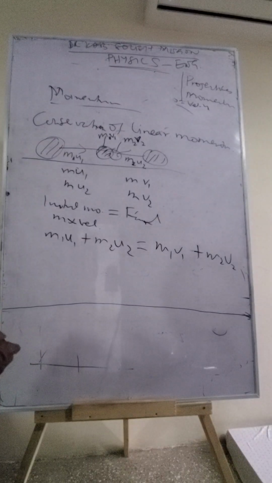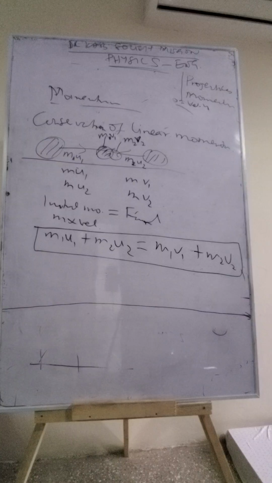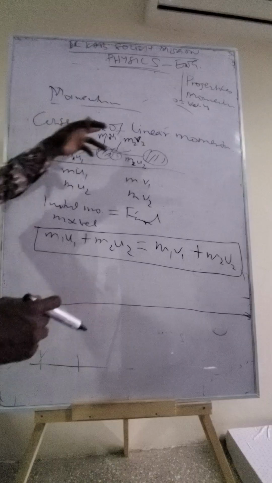Okay, right. So in this case, this is what you have. This is the equation we are talking about. Good. Now this equation always stands for linear conservation of momentum.